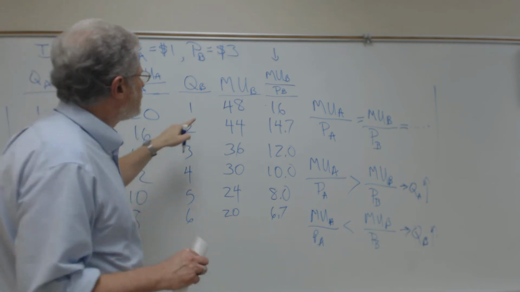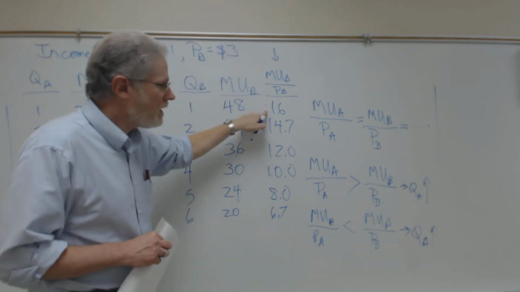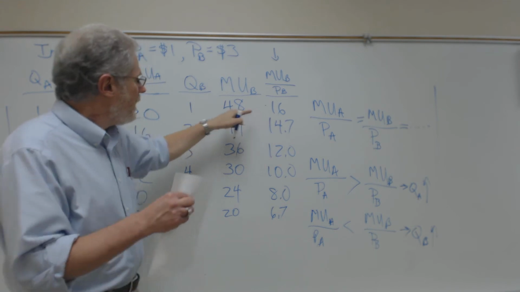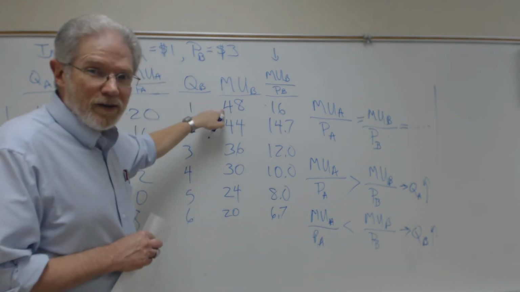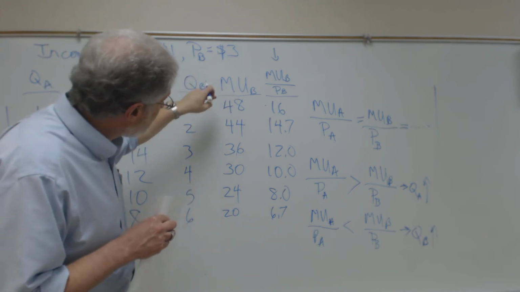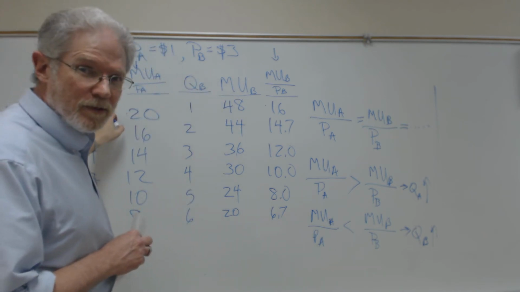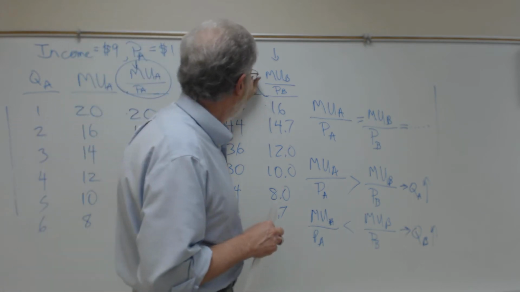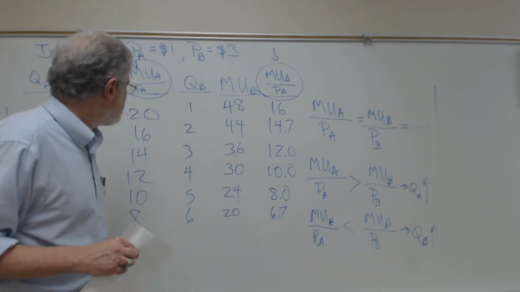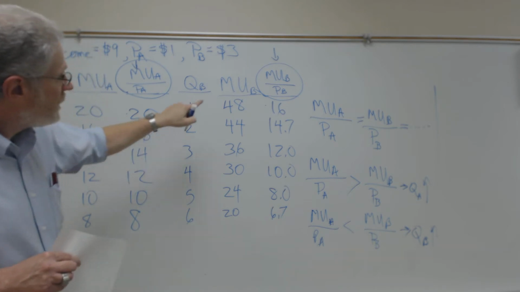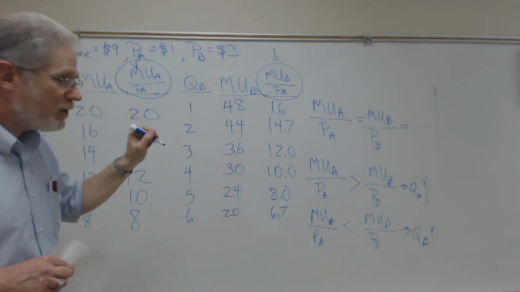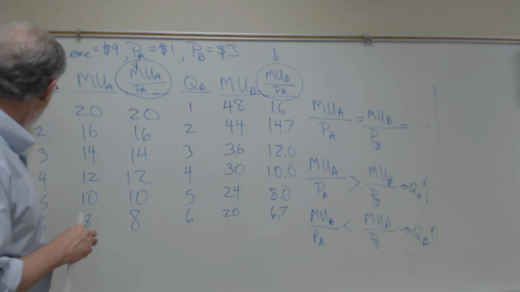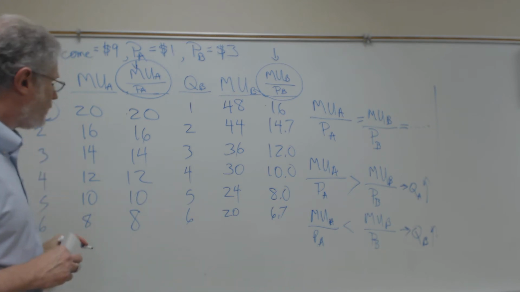When he buys the first banana, he's getting only 16 per dollar spent. Okay? Now, he likes the banana better, but the banana costs more than the apples. So we have to compare this column with that column. Okay? Since 20 is greater than 16, we say his first purchase is going to be that first apple. Okay? So that's what he's going to buy first.